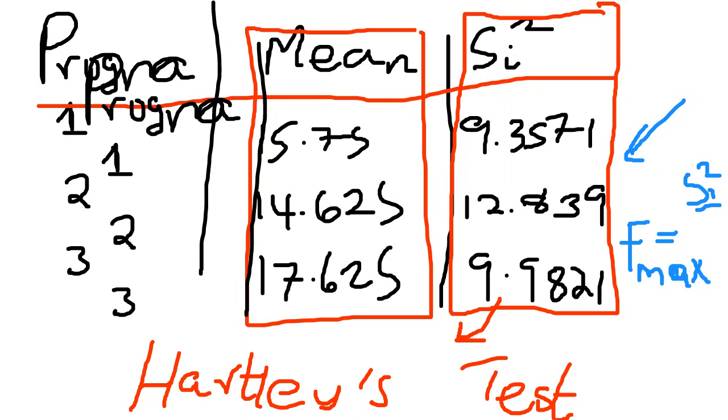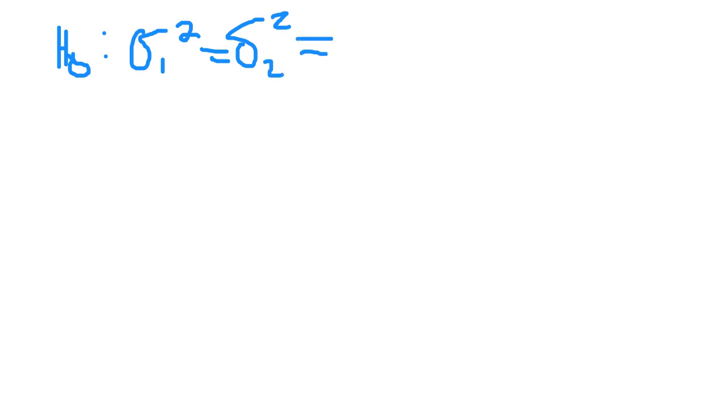I want to give you the steps that need to be followed. Your null hypothesis. While testing the variances, it will say variance of program 1 is equal to variance of program 2 is equal to variance of program 3.